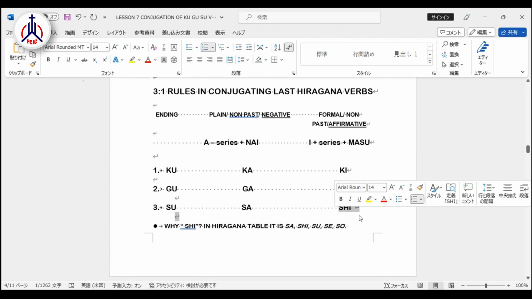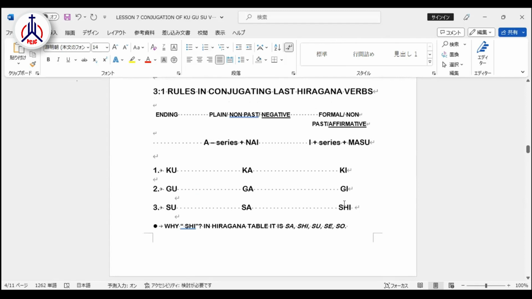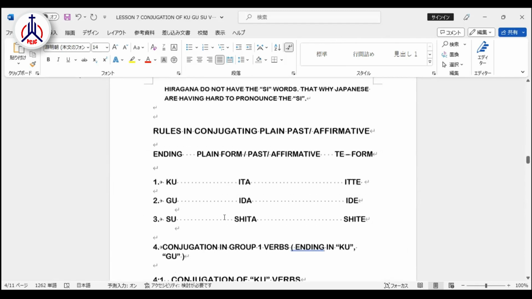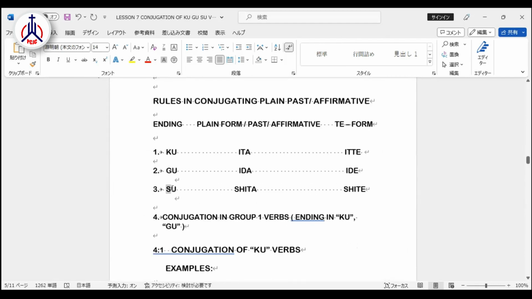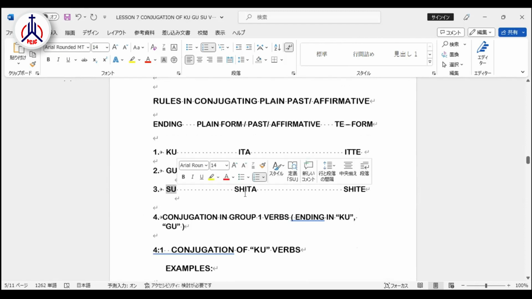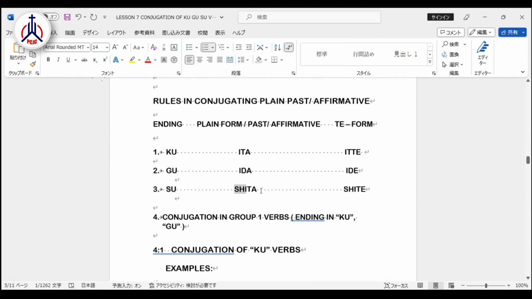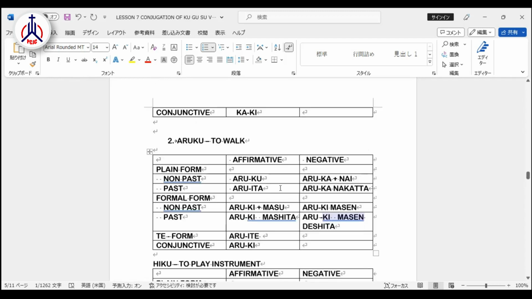Why not si, but shi. The su will become shi. And then the su in the past affirmative will become shita, and then the te form will become shite.